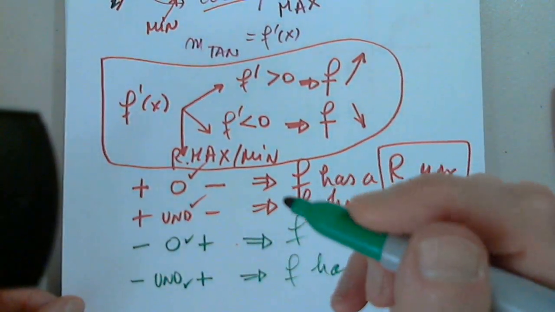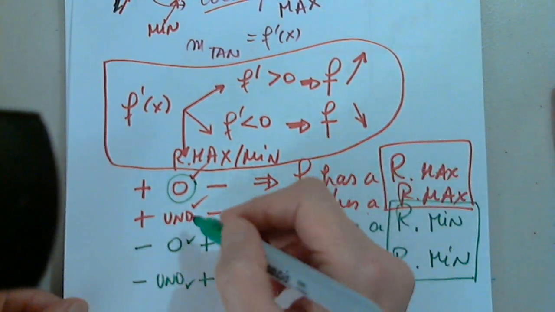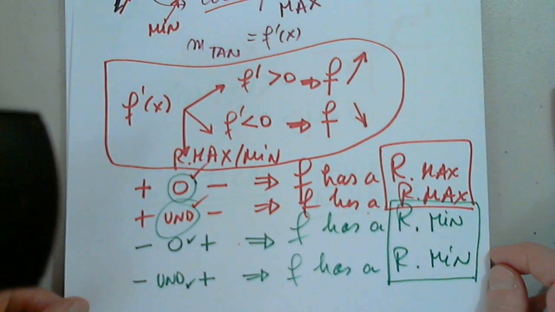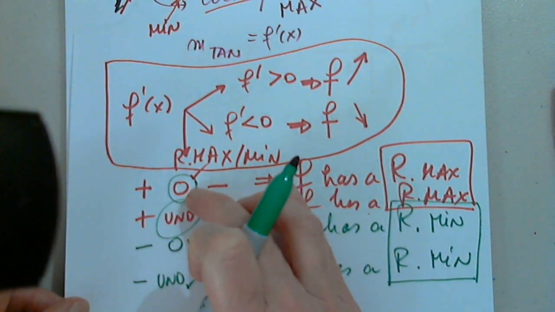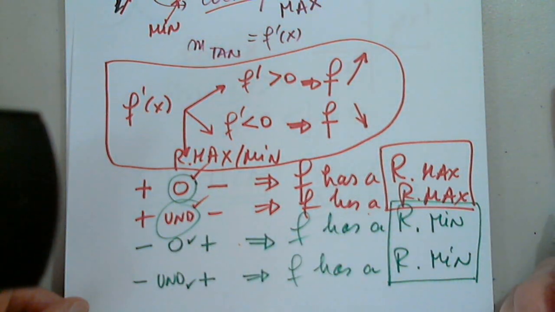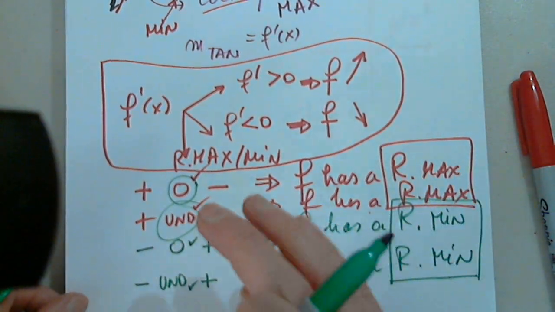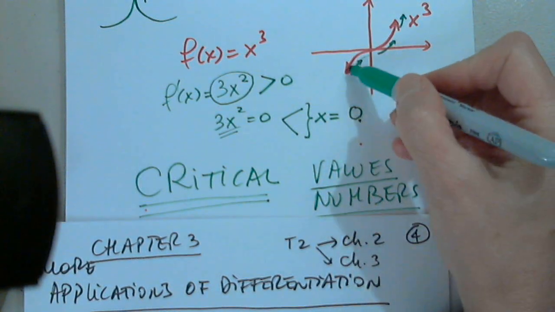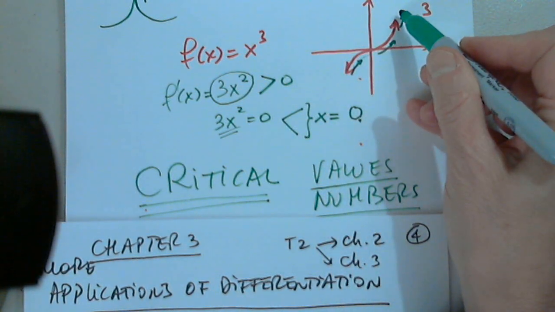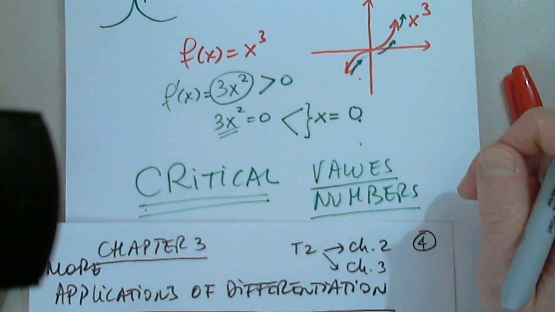Critical numbers are exactly those values of x that make the first derivative 0 or undefined. If a function does not have critical numbers, it cannot have max min. If it has critical numbers, there is no guarantee there is a max min. But if it doesn't have critical numbers, there is a guarantee that there is no max min.